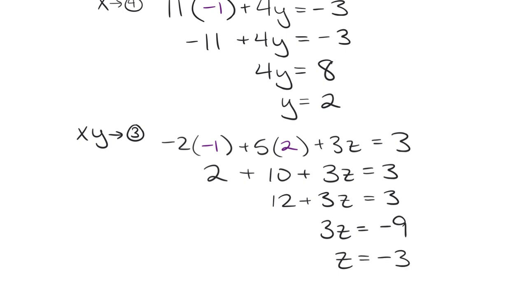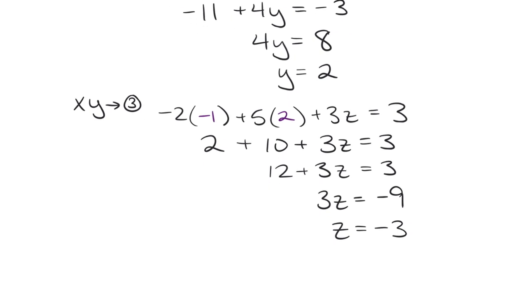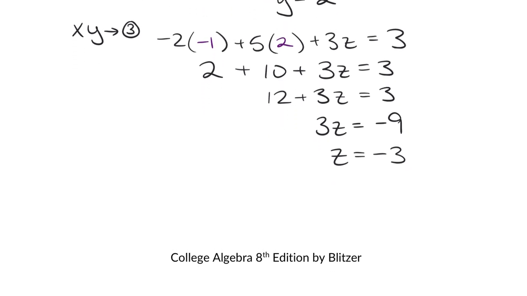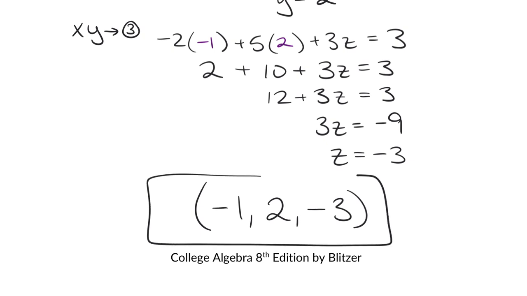Z is equal to negative 3. Which means we finally made it to the conclusion that x is negative 1, y is 2, and z is negative 3. That's our ordered triple that solves the system.